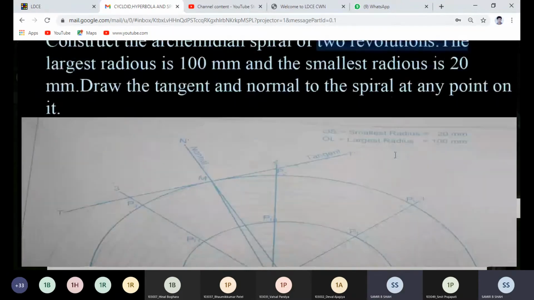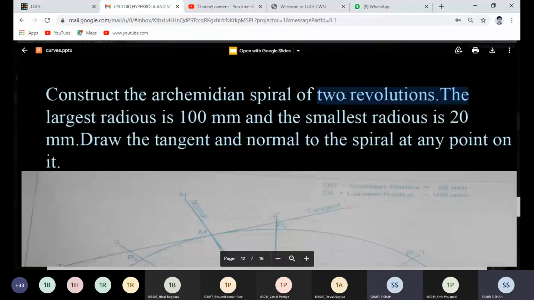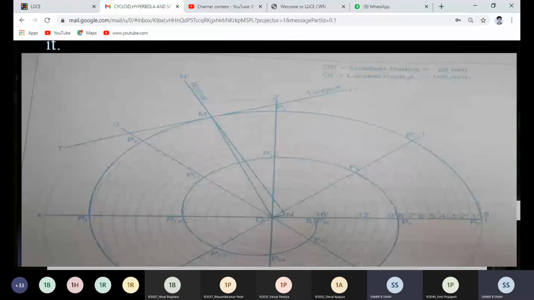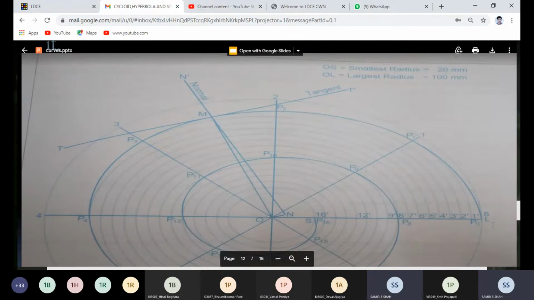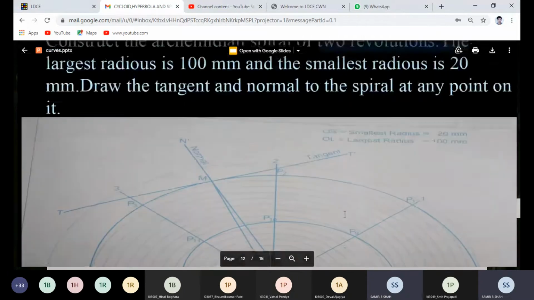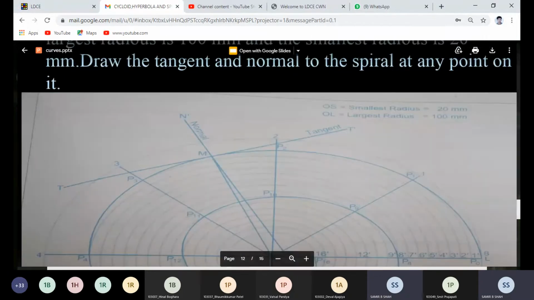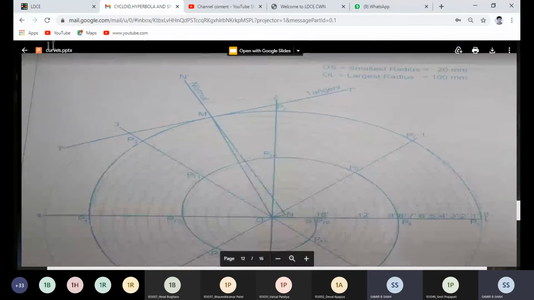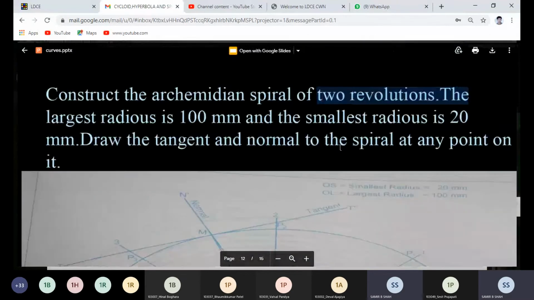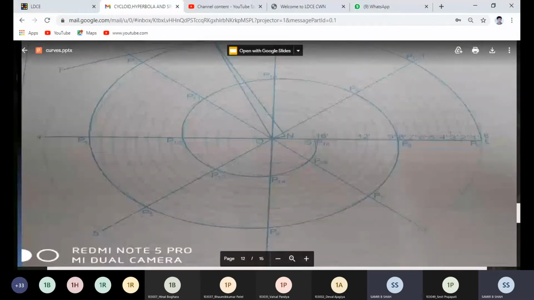If it mentions 1 revolution, then you may divide the distance from S to L, smallest to largest, in 8 parts. Okay, because there is 1 revolution and we already divided in 8 parts, that's why. But here 2 revolutions is mentioned, so we divide this L to S line in 16 number of parts.